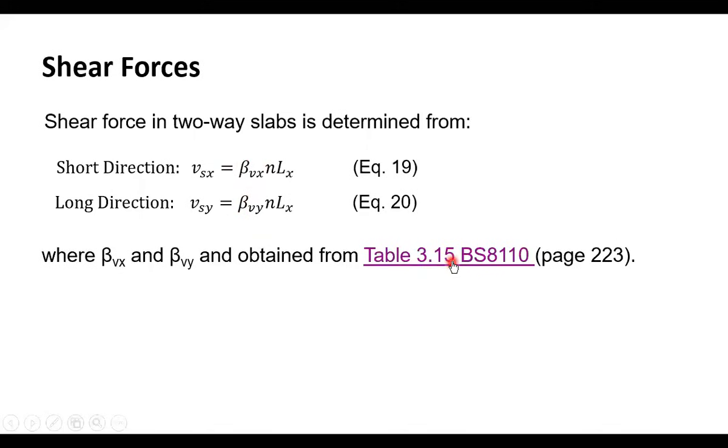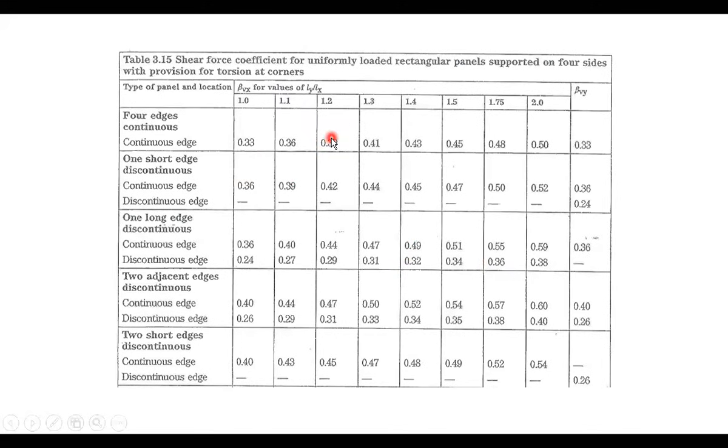We have table 3.15 in the British standard, like this page 223, and you can see here again, similar to the case of restrained slabs in the case of moment, it is also based on the edges: 4 edges continuous, or 1 short edge discontinuous, 1 long edge discontinuous, and you have different cases also. And based on that, we have beta Vx and beta Vy. Beta Vy means the coefficient in the long direction, and beta Vx will give you the coefficient in the short direction. And in the short direction, it depends again on Ly over Lx.